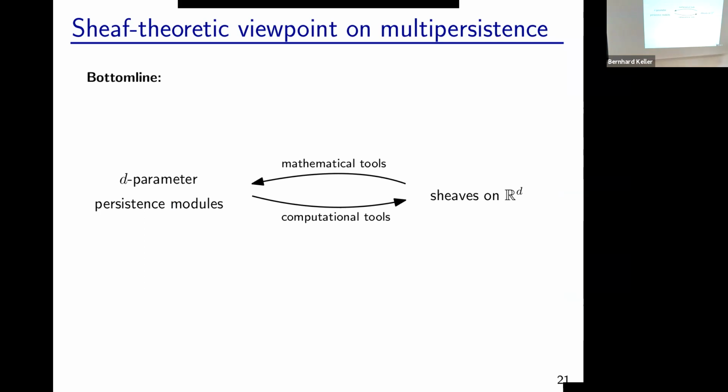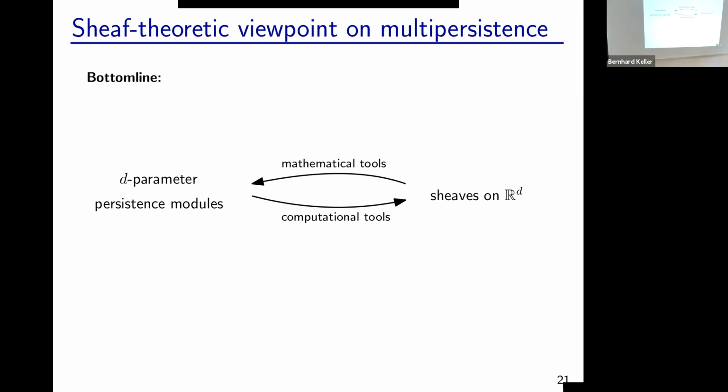Let me spend now a few minutes on another related approach, which is to try to connect multi-parameter persistence to sheaf theory. And so the hope was the following. On the one hand, you have the d-parameter persistence model, which we want to study. On the other hand, there is a whole literature on sheaves on R^d equipped with the Euclidean topology.